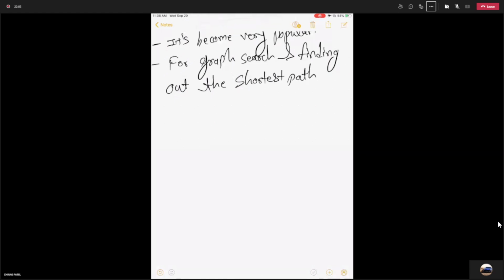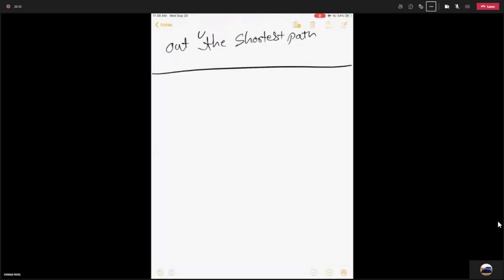Right? If we assume that we want to apply this to find the shortest path, how can we apply it? And again we come to this problem. Assume that this is the traveling salesman problem, and you are all aware of the traveling salesman problem.